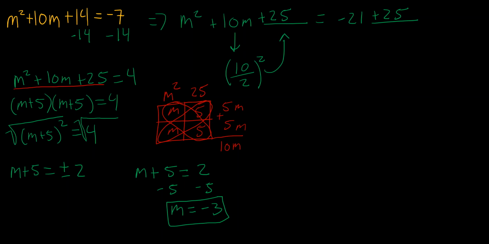The other one is as if we had a -2. So now I have m plus 5 equals -2. When I minus 5 from both sides, I get m equals -7. So those are my two solutions.